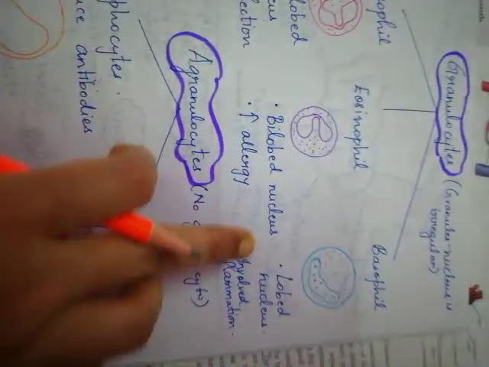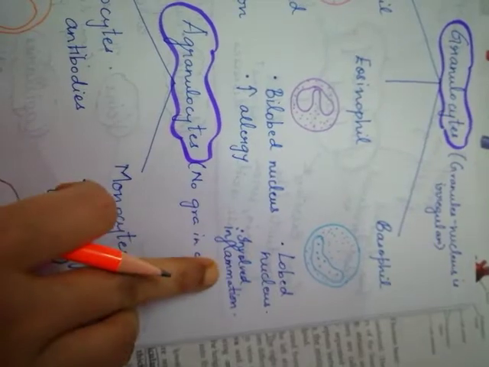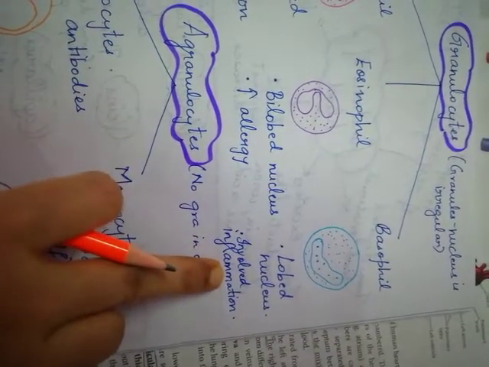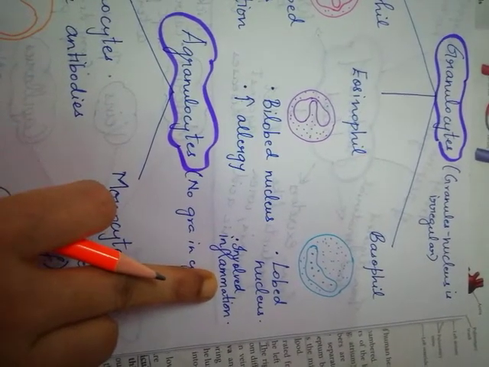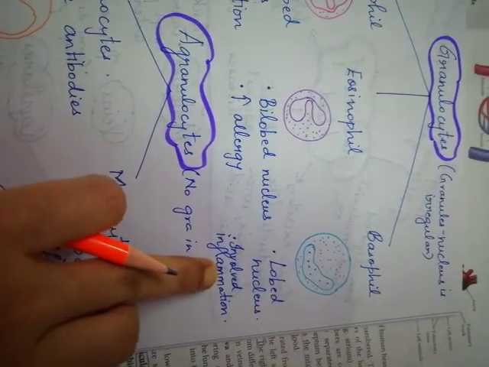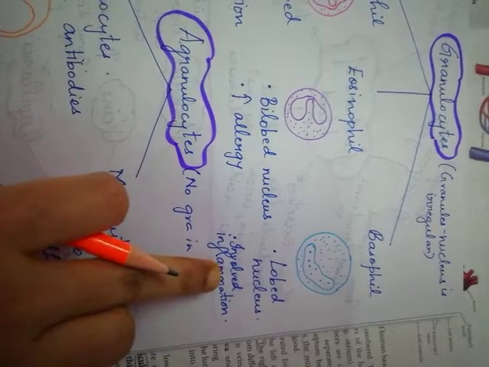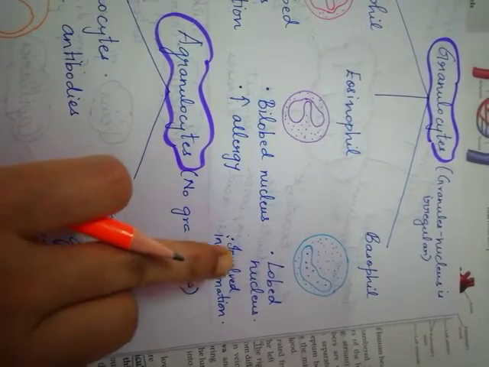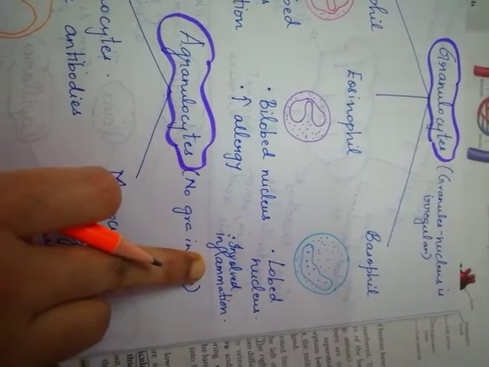Same way here, basophil is also having a lobed nucleus. Okay, and they are involved in inflammation. If there's any inflammation in your body, like if there's any redness or any swollen region, that is called inflammation. At that time, what happens? The basophil count will increase in your body.